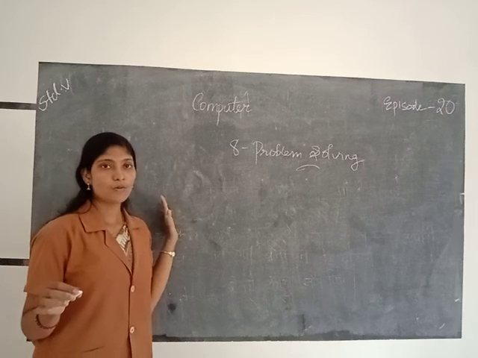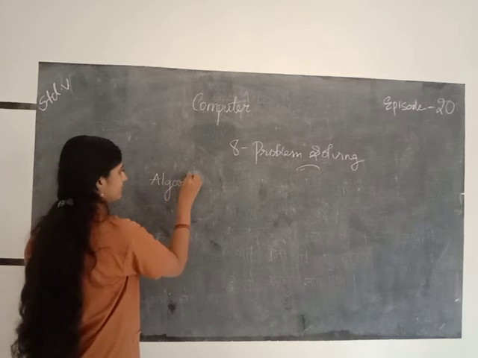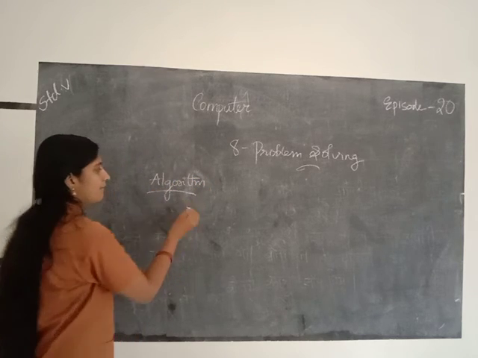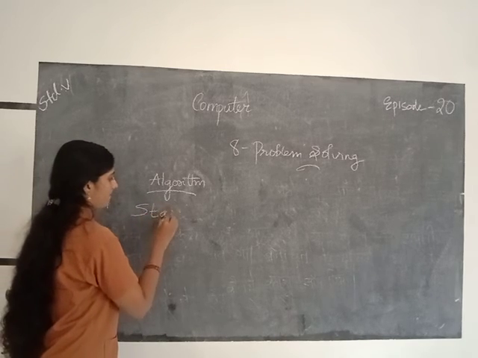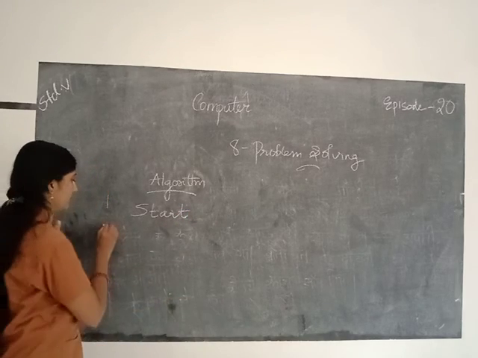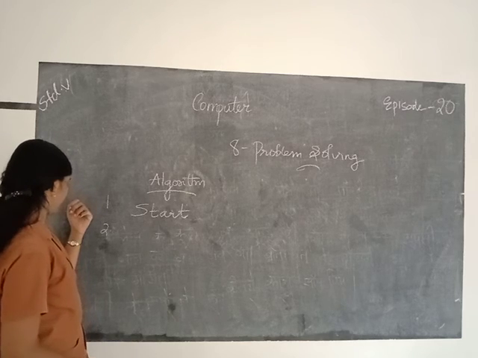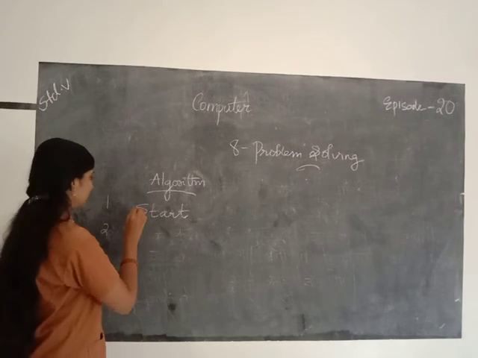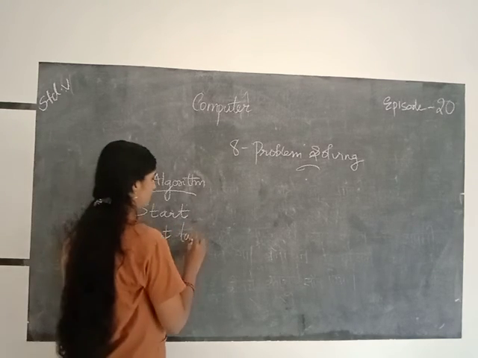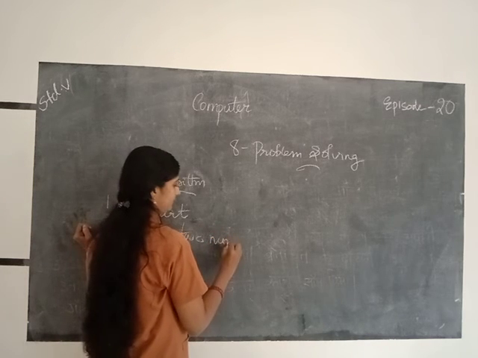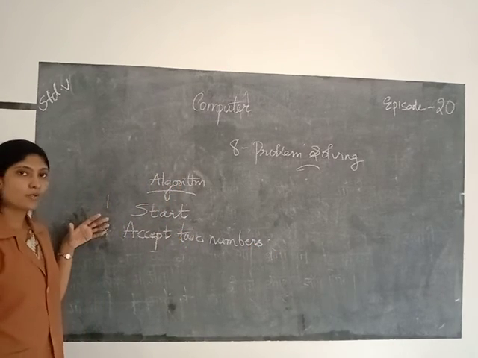So here, first we need to write an algorithm. That means steps. First, start. Second step, accept two numbers. Then, third one, calculate the result.